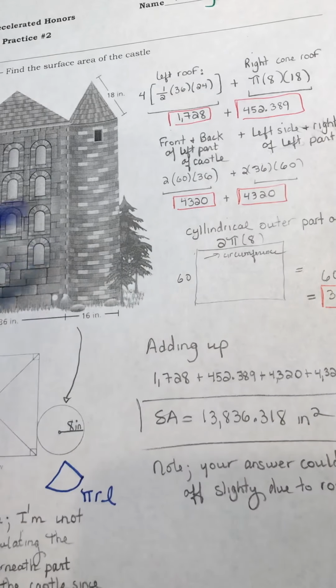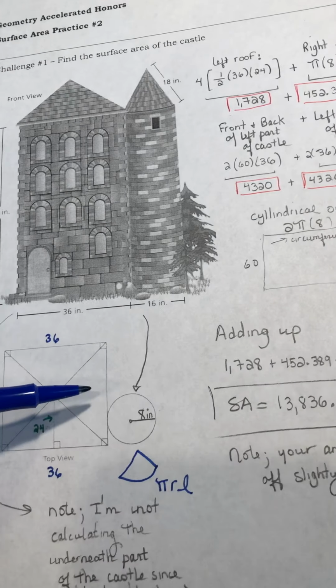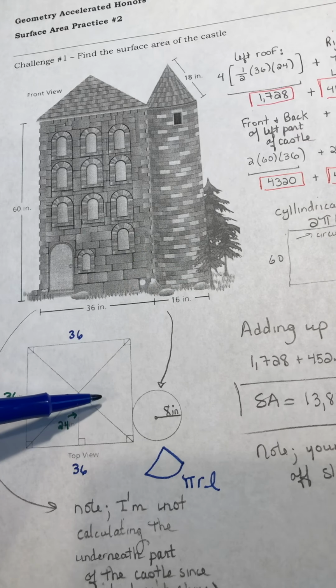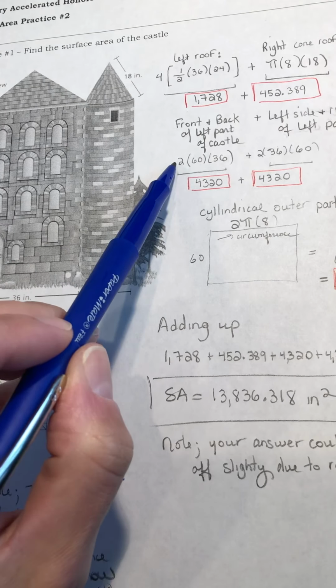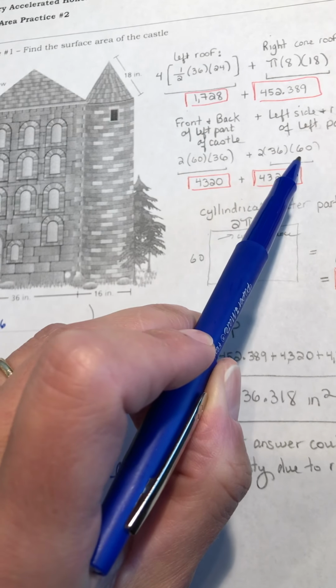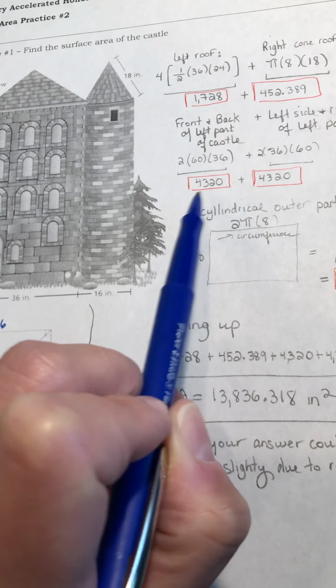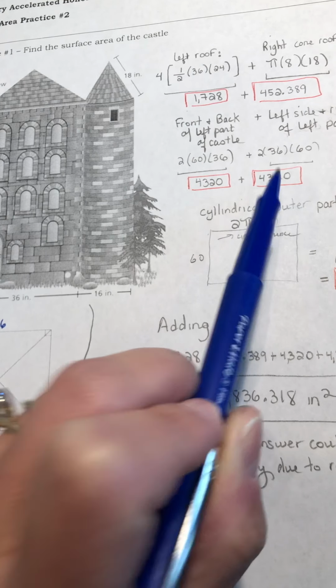I know it's going to be 60 tall, and because this is a square, 36 wide. So 2 times 60 times 36, 2 times 36 times 60. You could have done 4 times 60 by 36. That gets you these 2 measurements here.